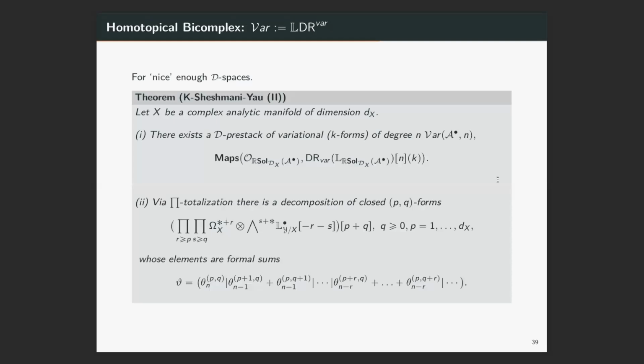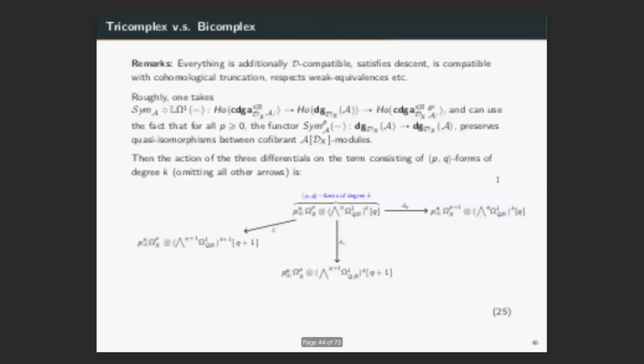Because I'm not so familiar with the background of everyone here, and whether they know what it means to be closed in derived algebraic geometry, I didn't really want to present this. This was the third part of the two-thirds of the theorem that I showed, the information for closure of the differential, but I can give an example later.